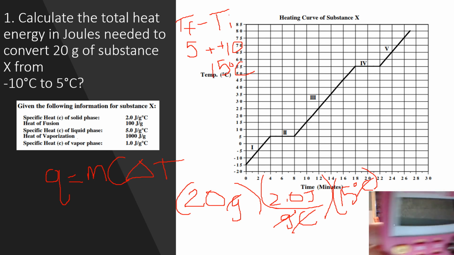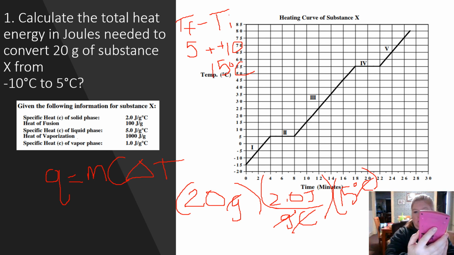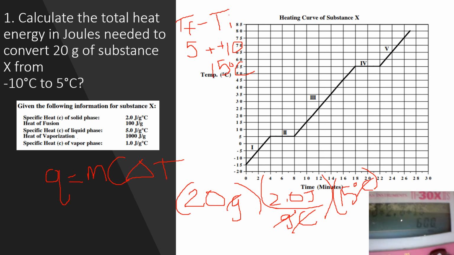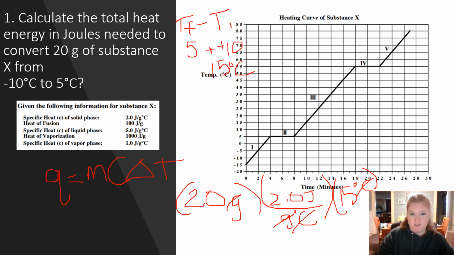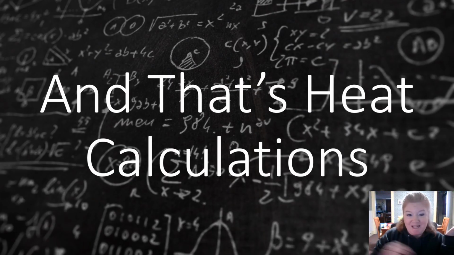Okay, so that is the whole problem, equals, so my answer is 600. 600 what? No naked numbers, joules. Okay, there we go. So we can use this information when we get heating and cooling curve questions. And that's it. That's heat calculations. I hope you learned something new today.